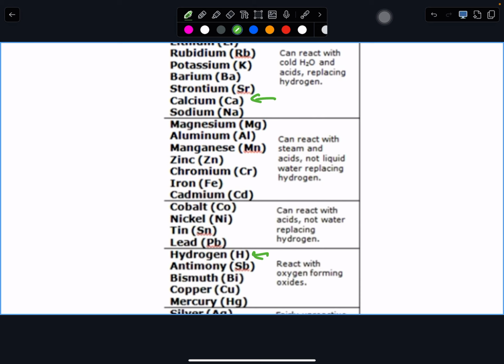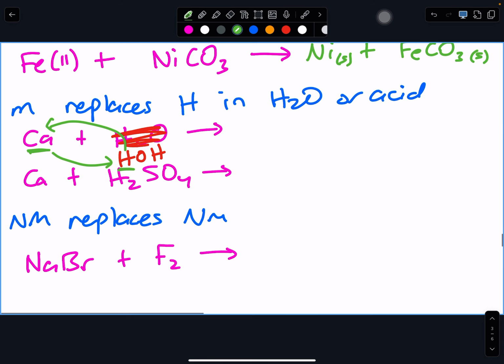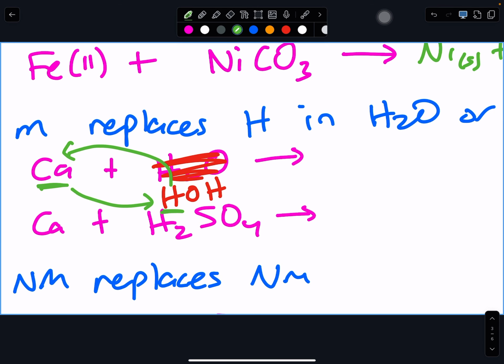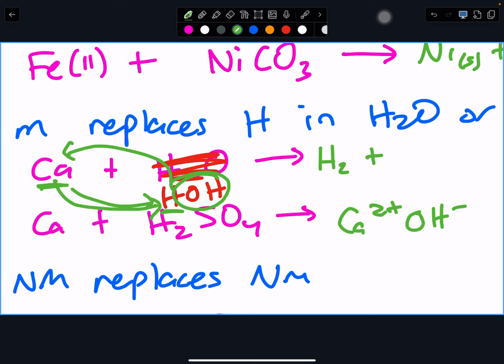Yes, because calcium is higher on the chart. So then who's by himself? H, and then I have to put a 2 because it's diatomic. And then who's Ca with? OH. So Ca is 2 plus, OH is minus. What's the formula? Ca parentheses OH 2. Perfect. Does that make sense?